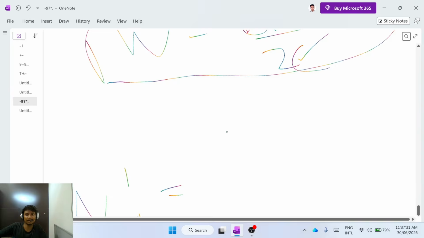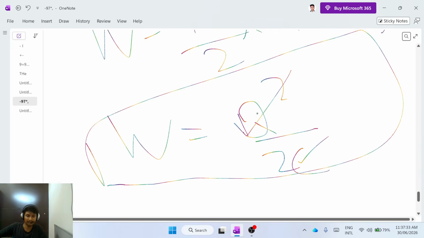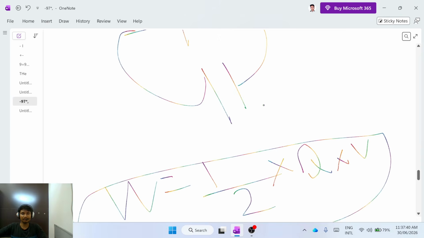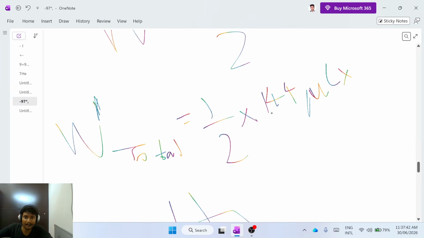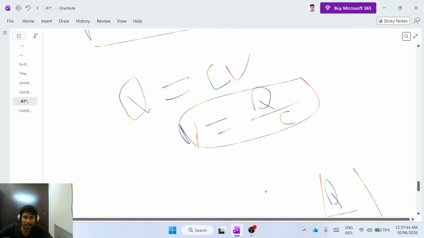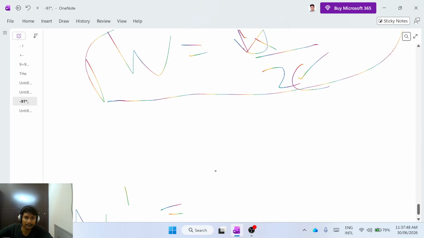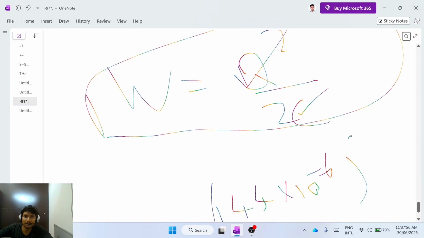W total dash is equal to Q equivalent square by 2 into C. What is Q total? Q total is 144 microcoulomb, so 144 into 10 to the power minus 6, whole square.